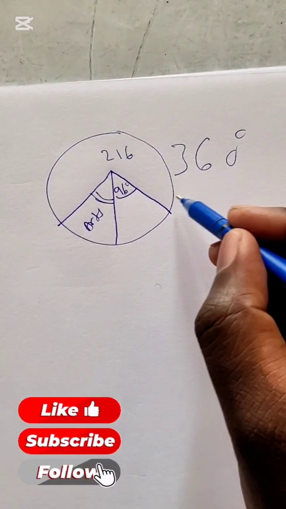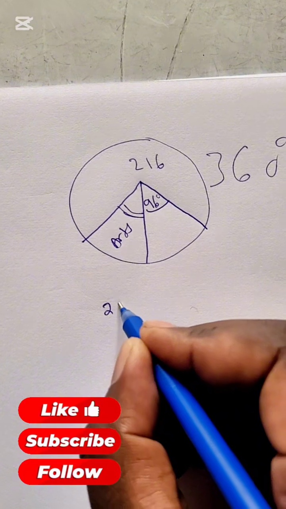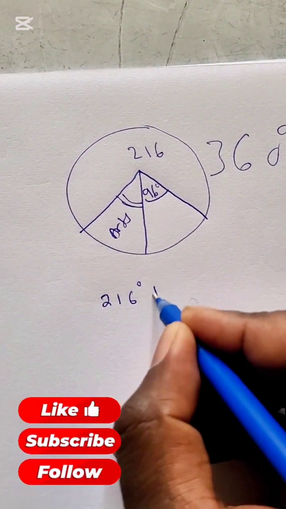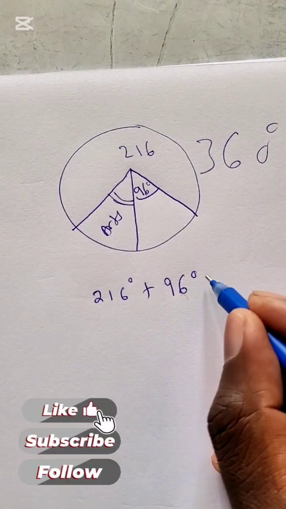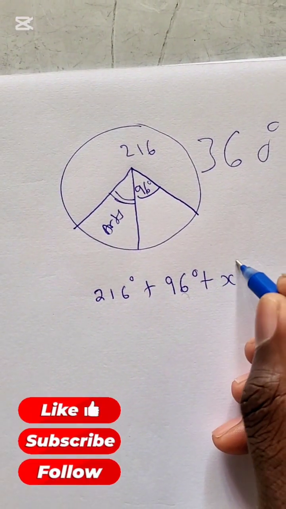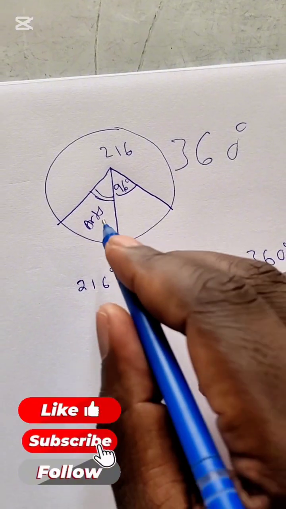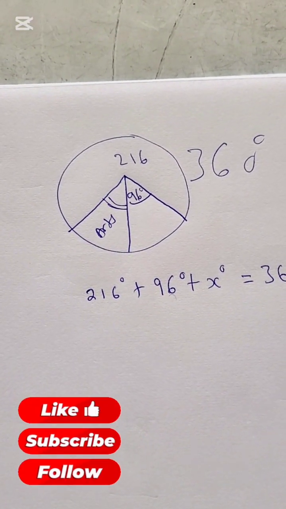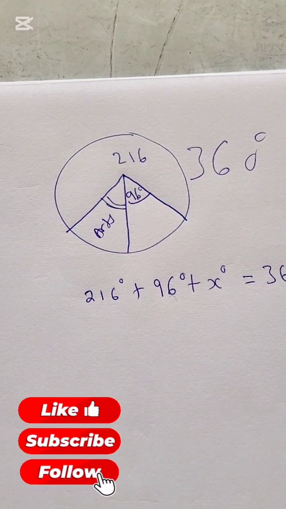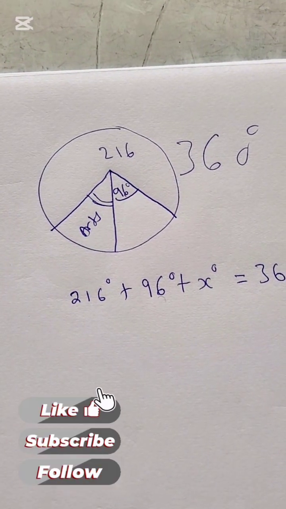So like I said, a pie chart adds up to 360 degrees, so we're going to add 216 degrees plus 96 degrees, let's say plus x degrees is equal to 360 degrees. So x is for the arts students. Okay, so 216 plus 96.